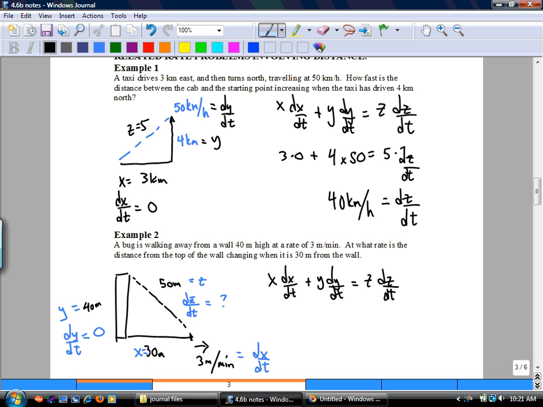So put in 30 and 3 and 40 and 0 and 50 and dz dt. 90 over 50. 9 over 5. Yeah, 9 over 5 meters per minute. So like 1.8. That bug is trucking.